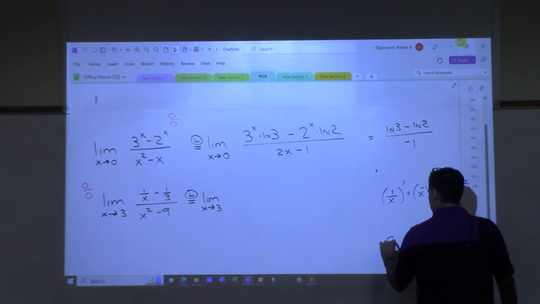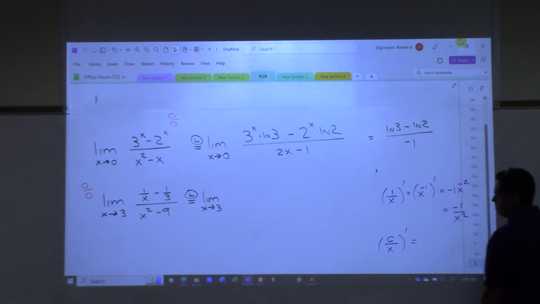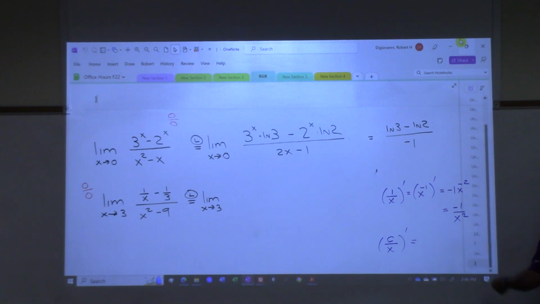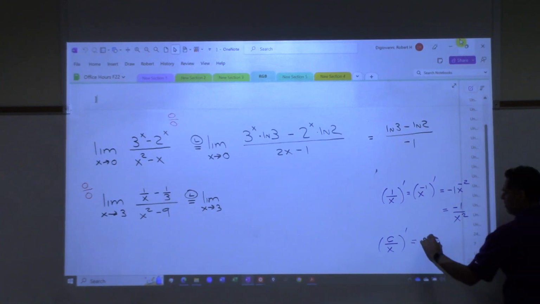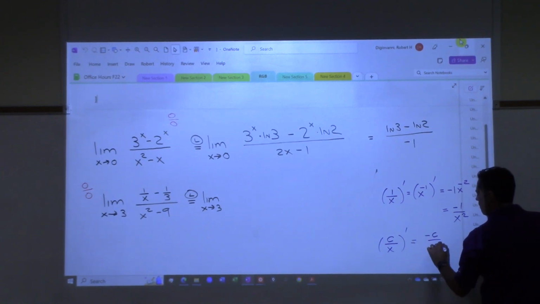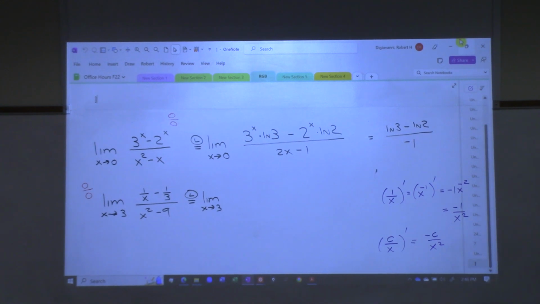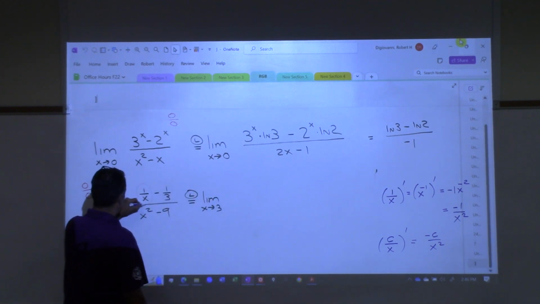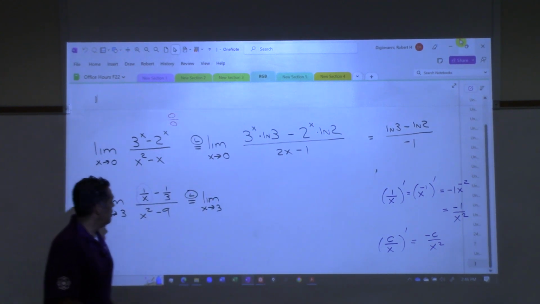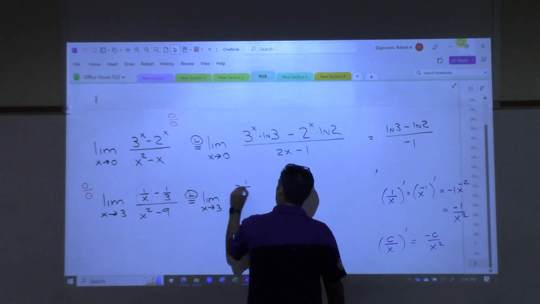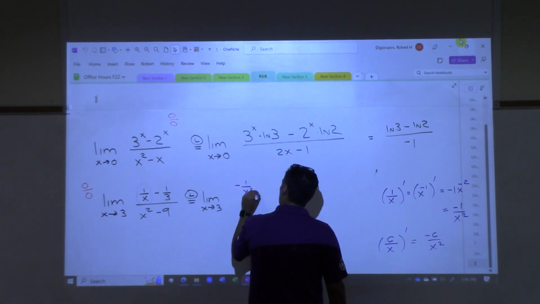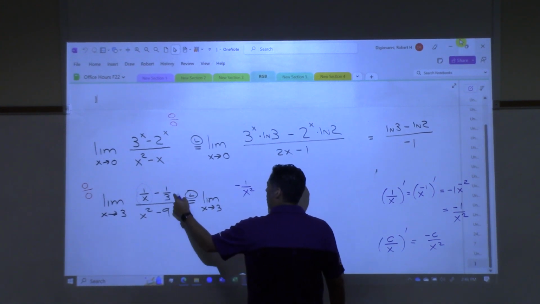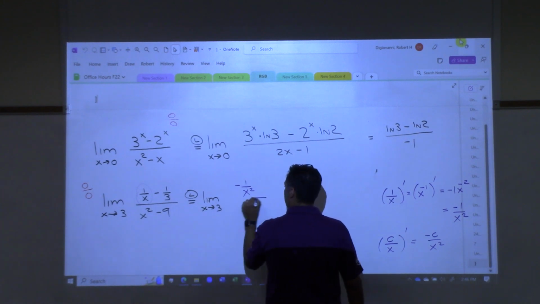If I have a constant over x and take its derivative, the constant just comes along for the ride, so it gives negative c over x squared. Keep that in mind. What's the derivative of 1 over x? Negative 1 over x squared. Minus, what's the derivative of 1/3? 0.